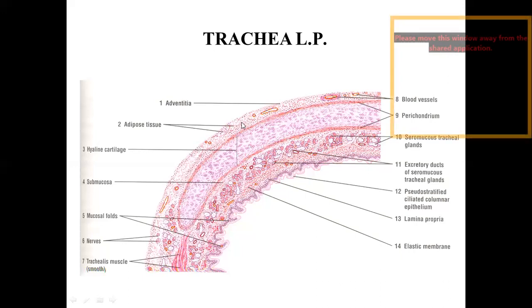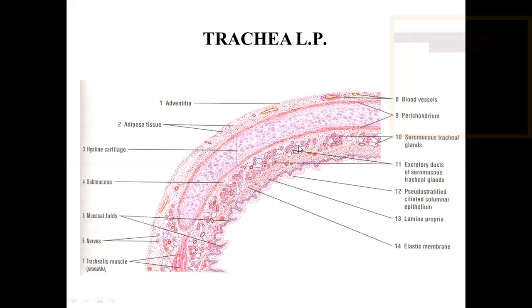Then you can see the layers of the trachea from the inner side. This is the mucosal part. Here you can see the lining epithelium, which is pseudostratified ciliated columnar epithelium with goblet cells. Beneath the epithelium is the lamina propria, where you can see the glands and blood vessels.